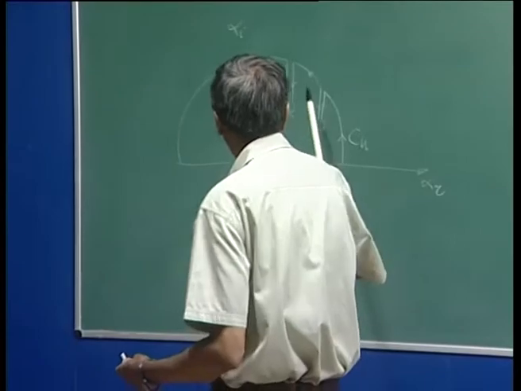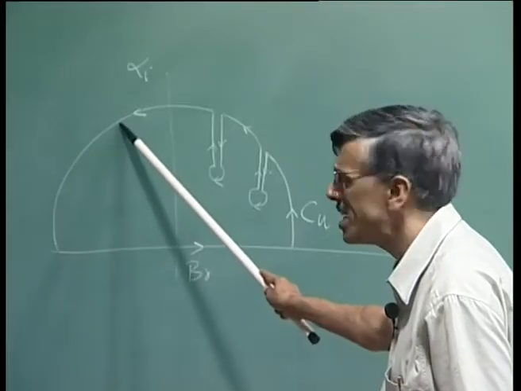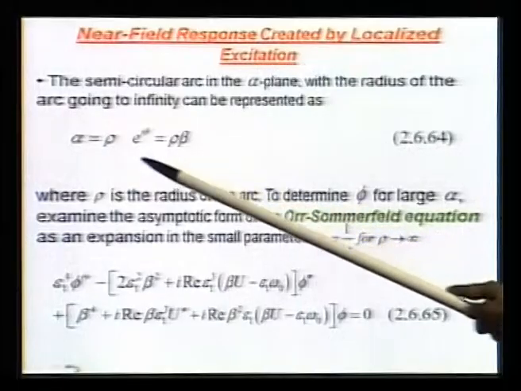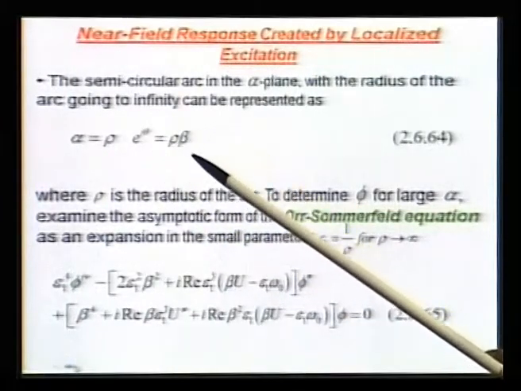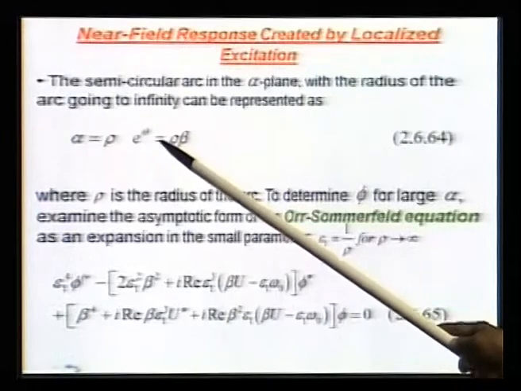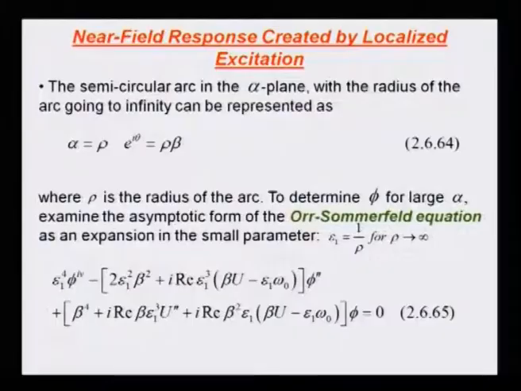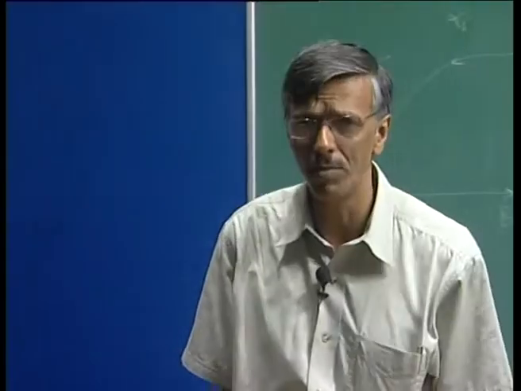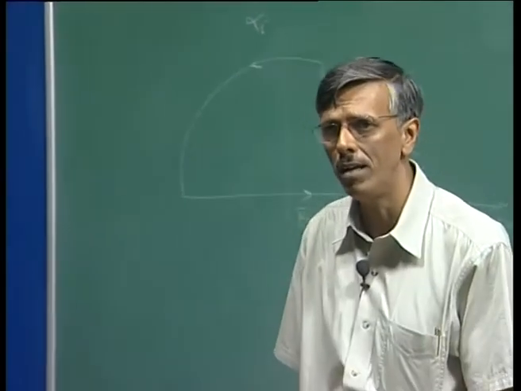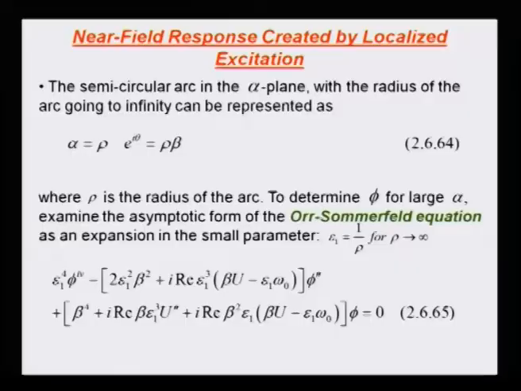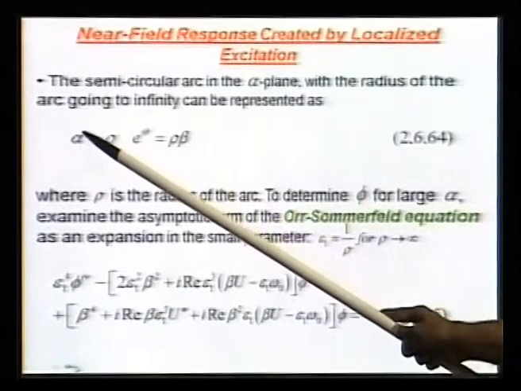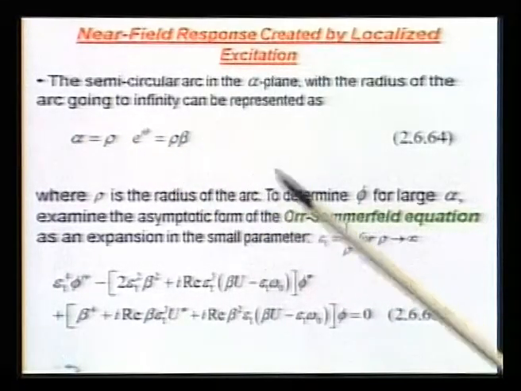So along any such location, I could represent the wave number in terms of the radius and a phase part, which I may call e to the power i theta, or I can write a shorter notation, call it simply beta. So beta has beta real and beta imaginary. Now we have this expression for alpha in terms of rho and beta.